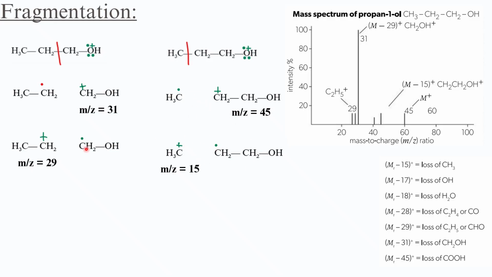If we follow these fragmentations, we can clearly get the m by z value of 45, and we also get m by z values of 15 and 29. Since all these carbocations are quite unstable compared to 31, their intensity will be less than that of this. But always remember that the characteristic peak for primary alcohol is at 31. This will help you in solving the questions.